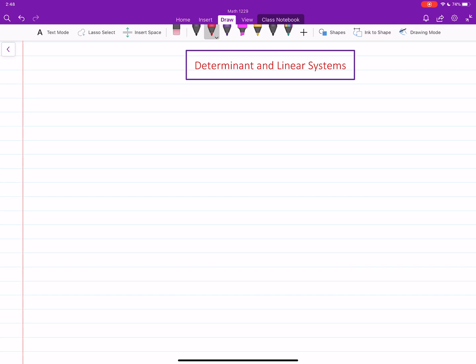Hi, in this video we will learn how the determinant can be used to determine if a linear system has a unique solution or not. I will start with recalling a few facts. Assume that A is an n by n square matrix.